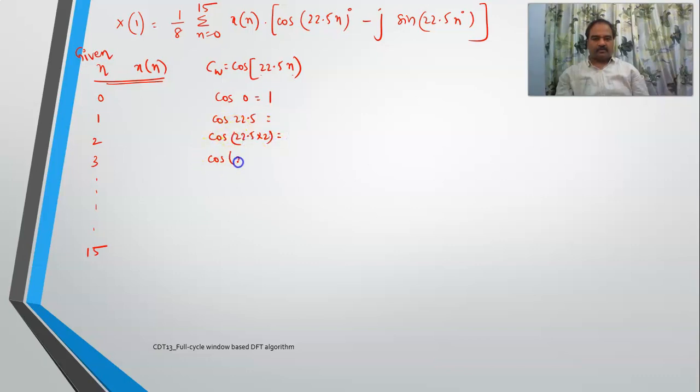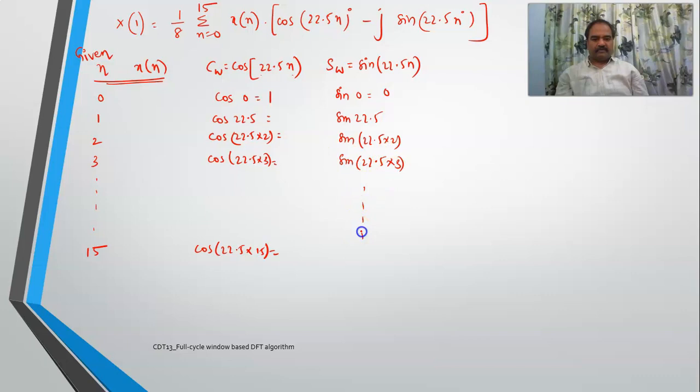Next, cos 22.5 into 3, and so on up to cos 22.5 into 15. Similarly, I'll calculate SW, which is equal to sine 22.5 n. Sine 0 is equal to 0, then sine 22.5, sine 22.5 into 2, sine 22.5 into 3. Like that it will be varying.